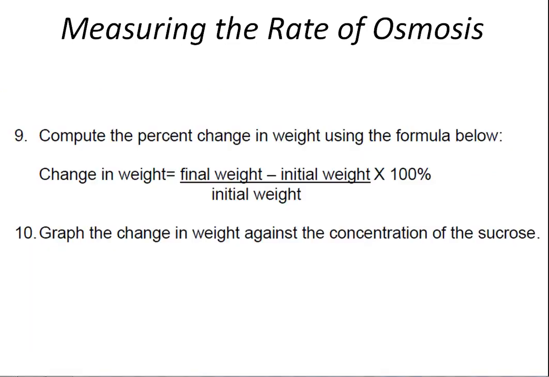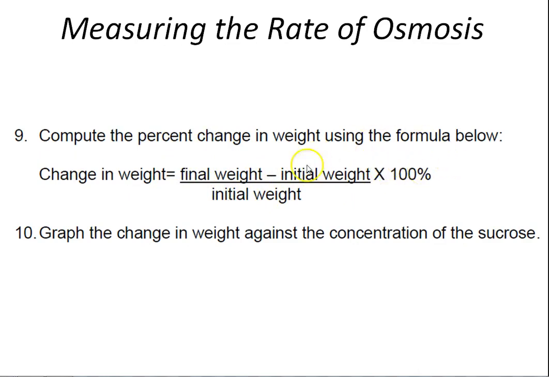Knowing our initial and final weight, we will now compute the percentage change in weight using this formula. Change in weight is equal to final weight minus the initial weight, divided by the initial weight, multiplied by 100%.